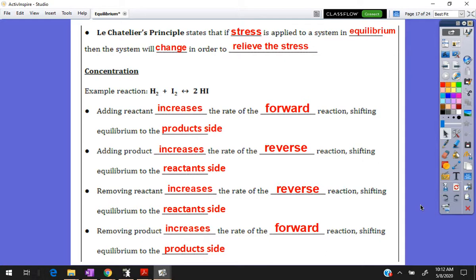One is a change in concentration, either by adding or removing reactants or adding or removing products. There are also changes in temperature, which affects systems that are endothermic and exothermic. There are also pressure changes.